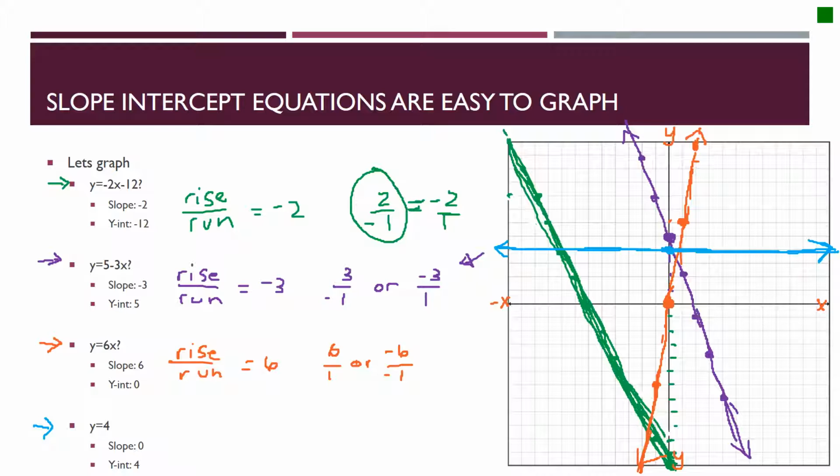So I hope that this gives you an idea of what positive lines should look like. Lines with positive slopes, like the orange line has a positive slope. And then how to graph lines with negative slopes, like the purple and green line, and also lines with no slope, like the blue line.